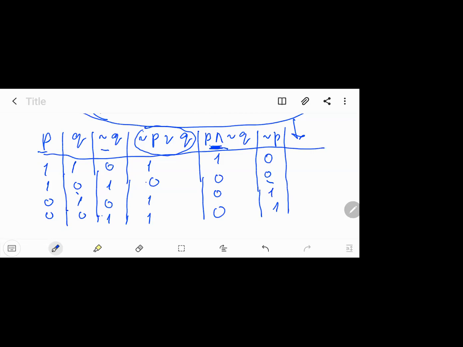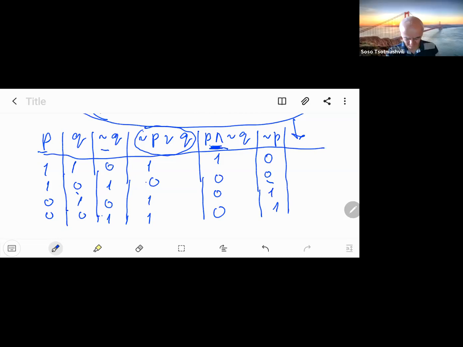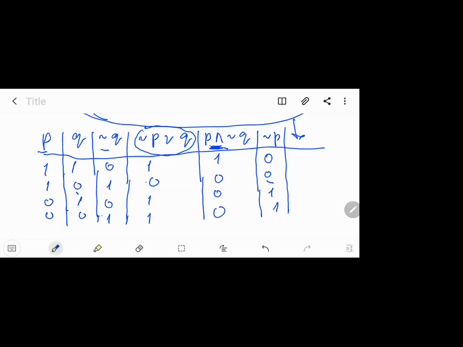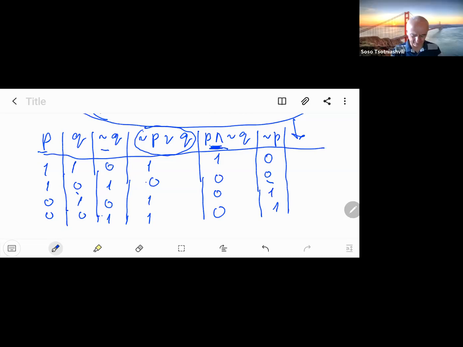I disagree, because Q is false. I disagree as well. It should be 0. Not Q, it's 0.